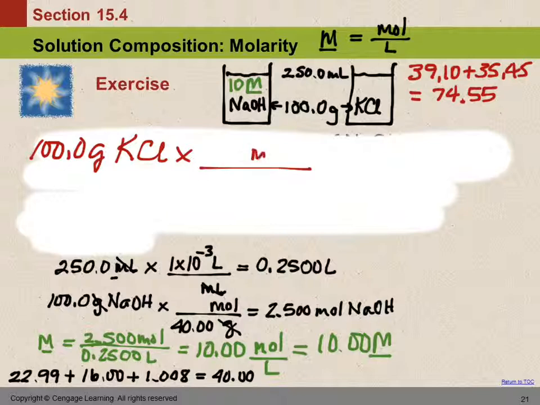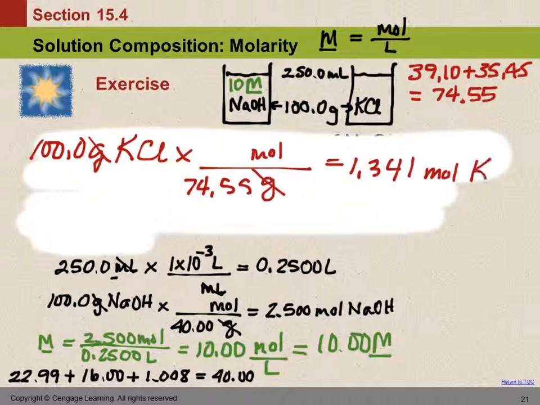So we multiply by moles, divide by grams. Grams cancel out. We just calculated the molar mass, 74.55. So 100 divided by 74.55 equals 1.341 moles of KCl.